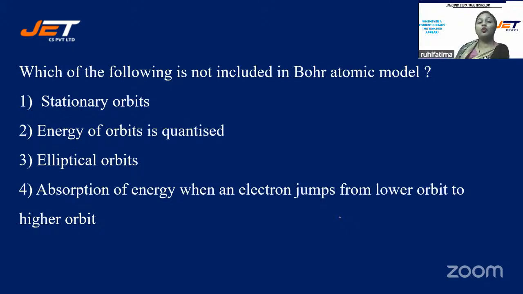Okay. Which of the following is not included in Bohr atomic model? And your options are number one, stationary orbits. Option number two, energy of orbit is quantized. Option number three, elliptical orbits, or is it option number four, absorption of energy when an electron jumps from lower orbit to higher orbit?